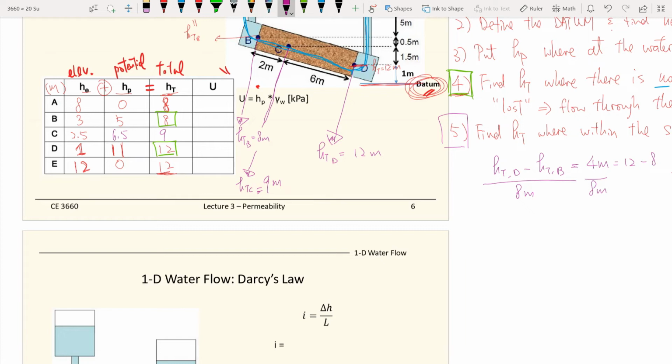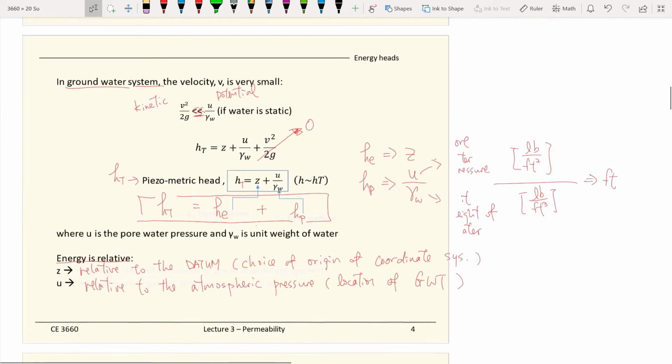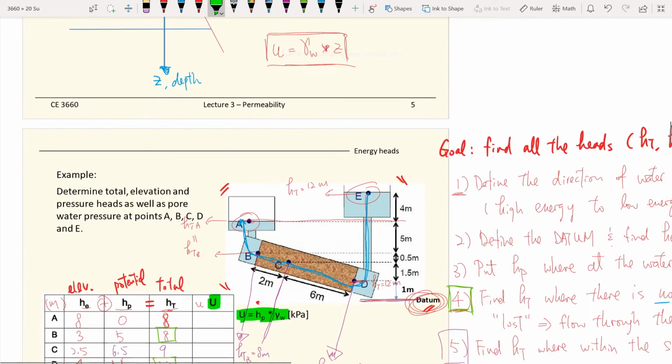So the last part is to find out the water pressure. The water pressure is, well, it's better to say this is a small u, not a capital U, because the small letter u means the water pressure. So the water pressure, according to the formula, is the potential head times the unit weight of water. We defined this already at the beginning: the potential head equals the water pressure divided by the unit weight of water.